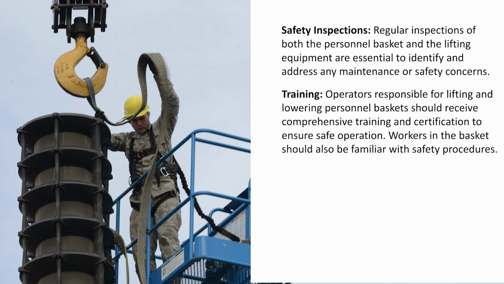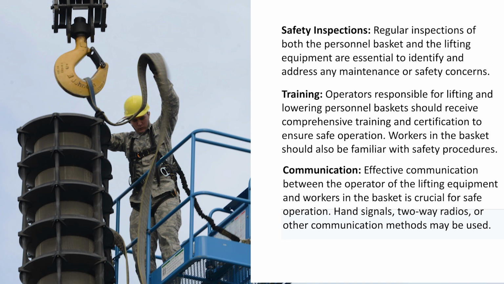Workers in the basket should also be familiar with safety procedures. Communication. Effective communication between the operator of the lifting equipment and the worker in the basket is crucial for safe operation. Hand signals, two-way radio or other communication methods may be used.